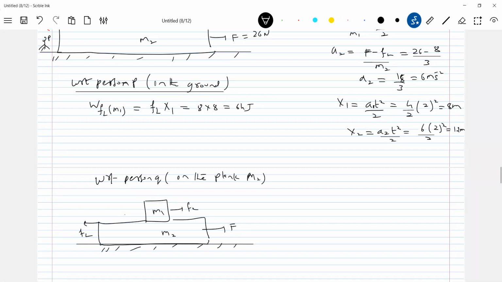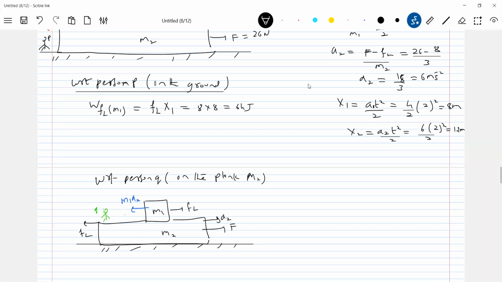We know this is the acceleration A2. So where is the person? Person Q is here, let me introduce him here. Now you will notice a pseudo force. Ask yourself, which force will be greater, M1A2 or FL?